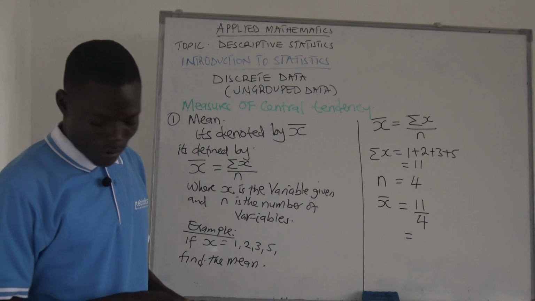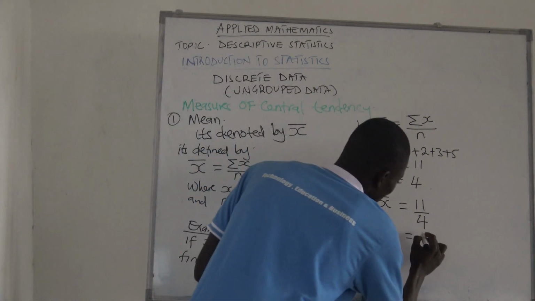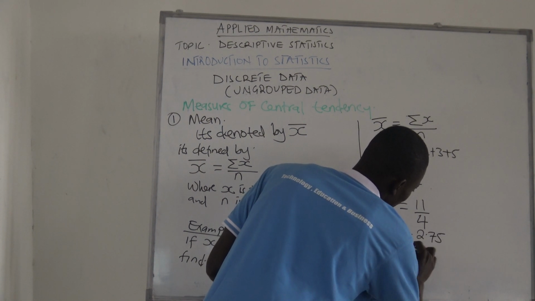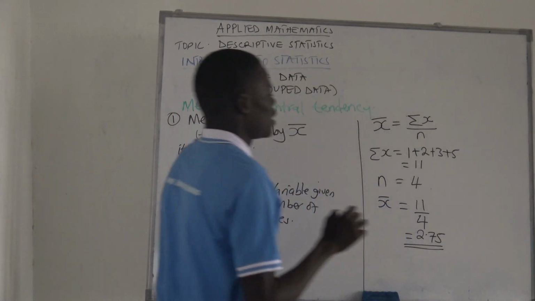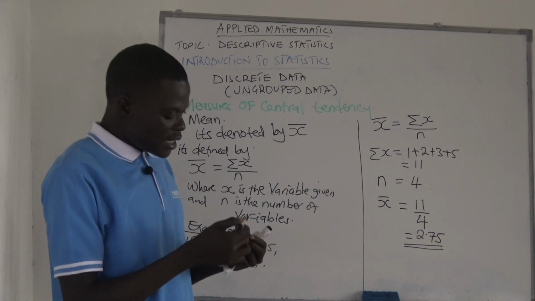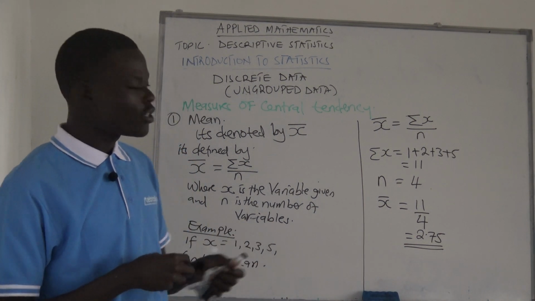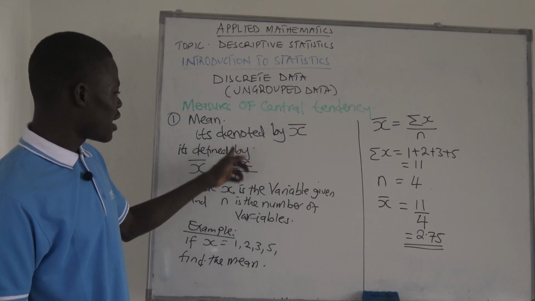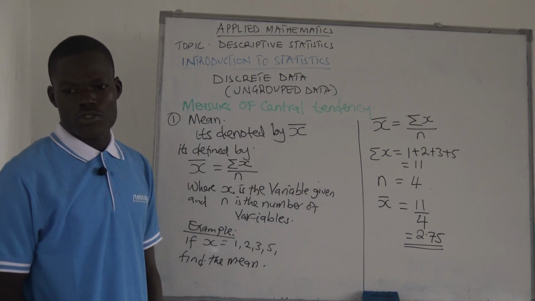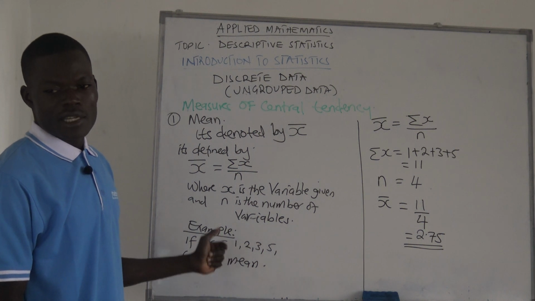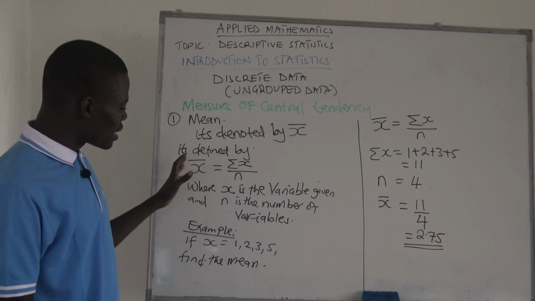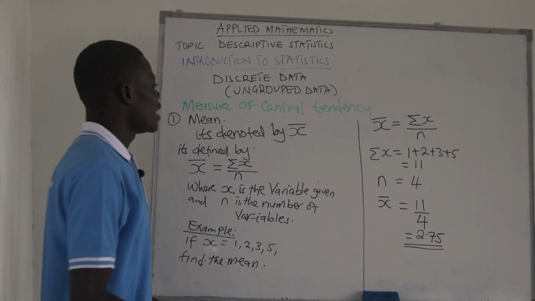Divided by 4, we shall get 2.75. The answer is 2.75. So that's how we calculate the mean for ungrouped data if you are given variable x. Now, that's the first step of calculating the mean.